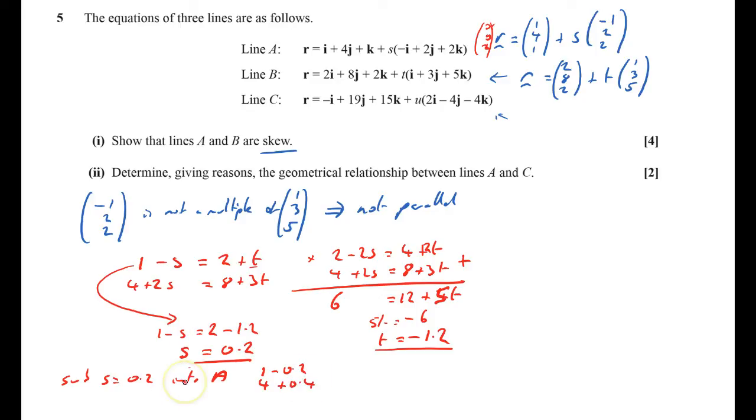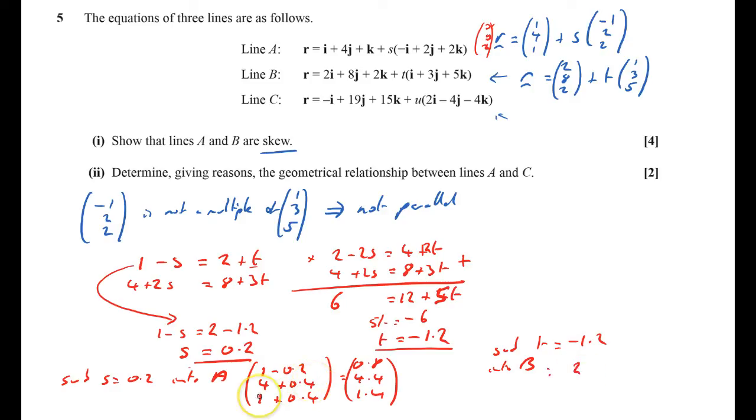And the z one will be 1 plus 2 lots 0.2, which is 0.4. And so that one will equal (0.8, 4.4, 1.4).